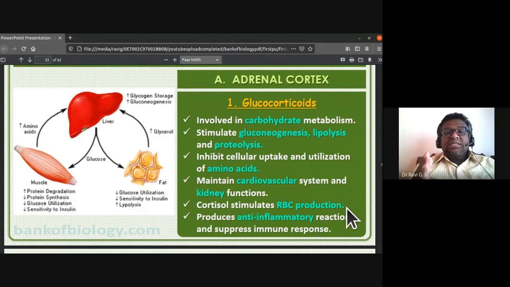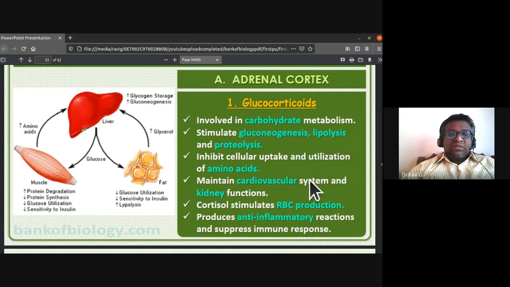Remember, lysis means breakdown. The glucocorticoids also inhibit, that is prevent, the cellular uptake and utilization of amino acids. They also play a role in maintaining the cardiovascular system, that is the heart and vascular system, and kidney functions.